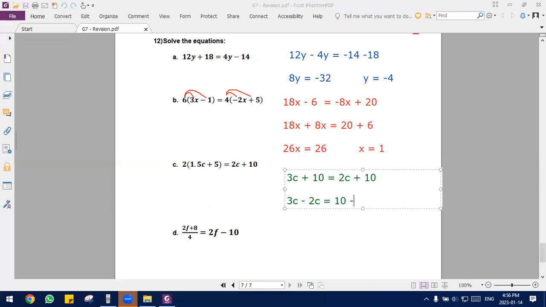Take 10 to the other side, minus 10. Now 3C minus 2C equals 1C, but we don't write 1C, we write C. 10 minus 10 is 0. And this is the answer. So C is equal to 0.